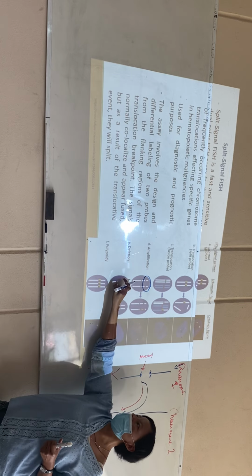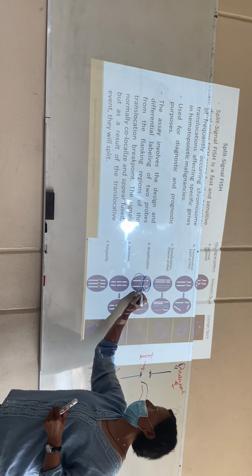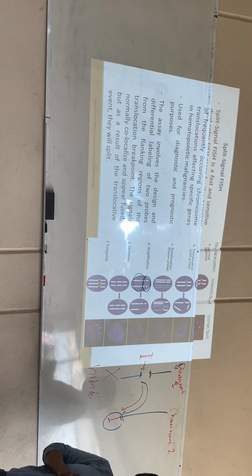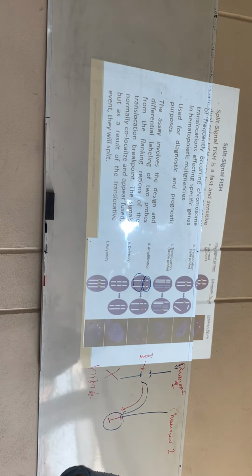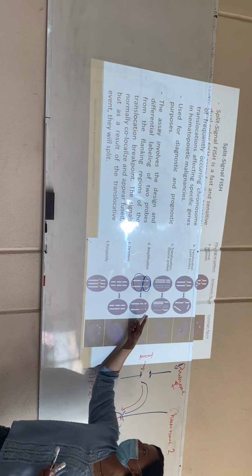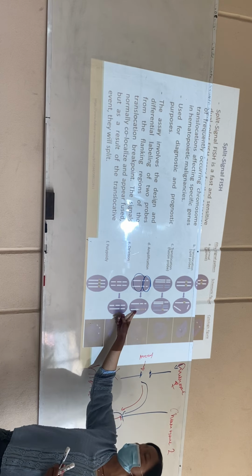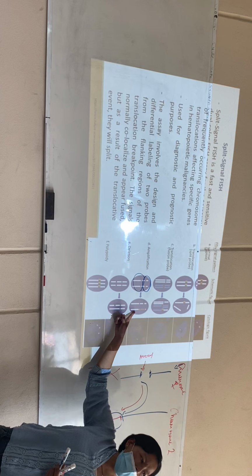Only one copy of the red gene and one copy of the green gene is present. However, due to an abnormal activity of the DNA polymerase, one gene can be copied several times, and we can have several copies of this gene. This is abnormal. This can cause a disease.